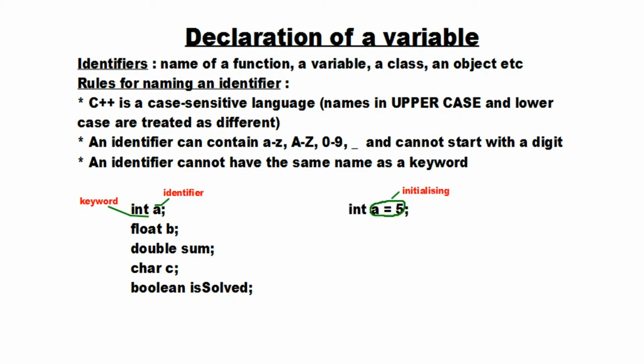So now if you want to initialize a variable, initializing a variable means giving an initial value to a variable in the beginning of the program. So we can initialize all these data types in this way.